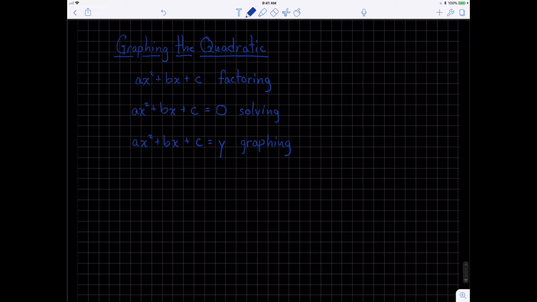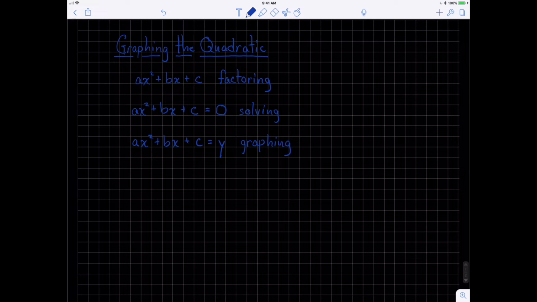The reason is that ax squared plus bx plus c equals y describes some kind of relationship. For example, it might be a cost or a profit equation for a company, where x is the number of units sold and y is the amount of revenue that's generated by the company. And that's a common one that you might see in an economics class.